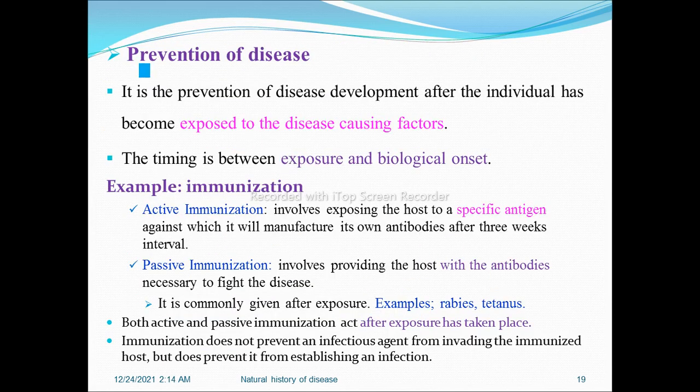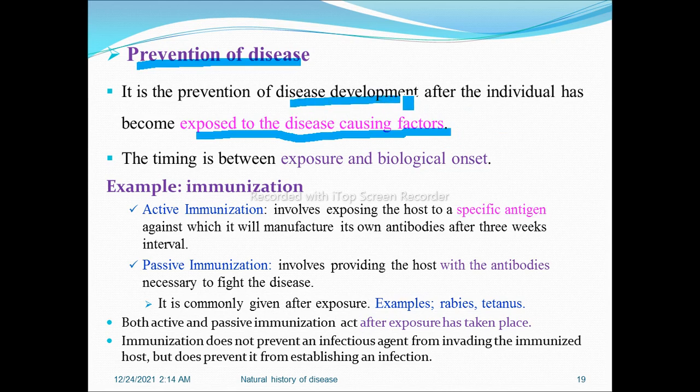The third is the prevention of disease. This is the prevention of disease development after an individual has become exposed to the disease-causing factor. In this case, the individual is already exposed to the disease-causing factors. So in this stage, our action is to prevent the disease from developing, preventing the disease from happening.